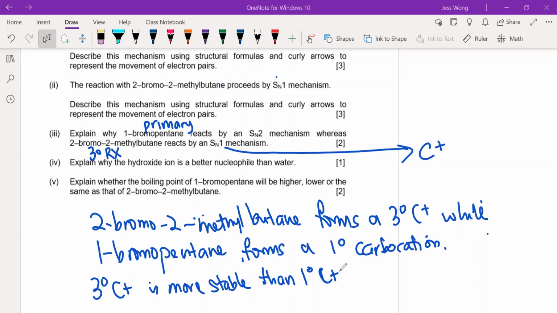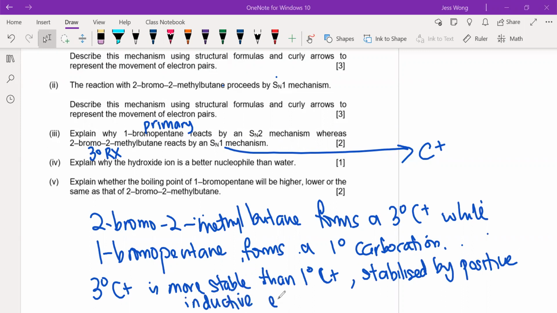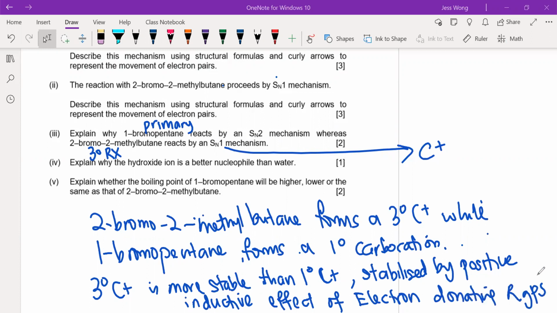And how is it stabilized? It's stabilized by the positive inductive effect of the electron donating alkyl group. Okay, let me explain this.